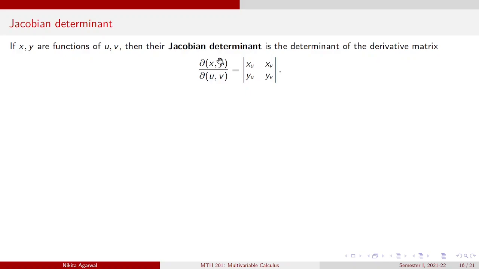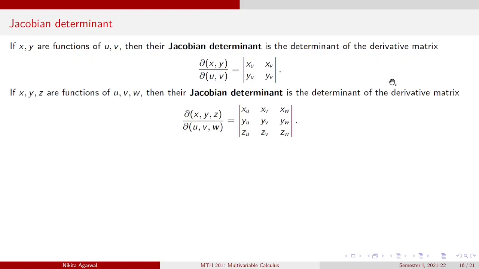In the numerator you put the variables which you want to differentiate, which are functions of the variables that appear in the bottom. So x is a function of u and v and y is a function of u and v. So you can talk about the derivative of x with respect to u, x with respect to v, y with respect to u, y with respect to v. You take the determinant of this matrix.